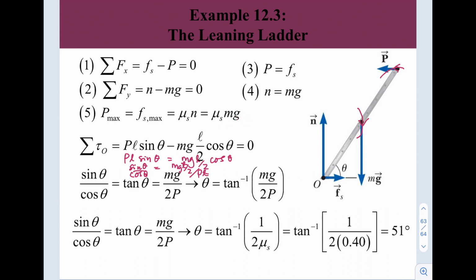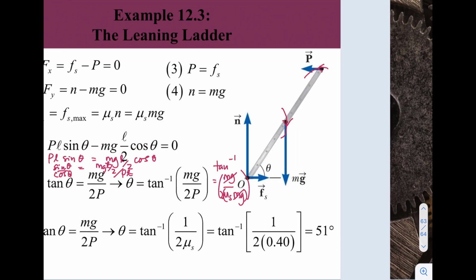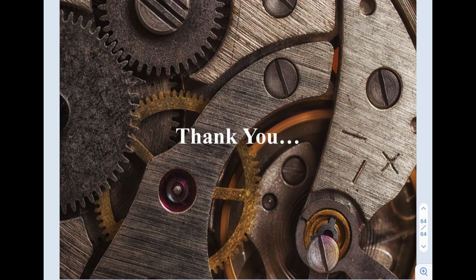Our P is mu s mg. So we can cancel this out. You have 1 over 2 mu s. And then finally we will get our theta as 51 degrees.